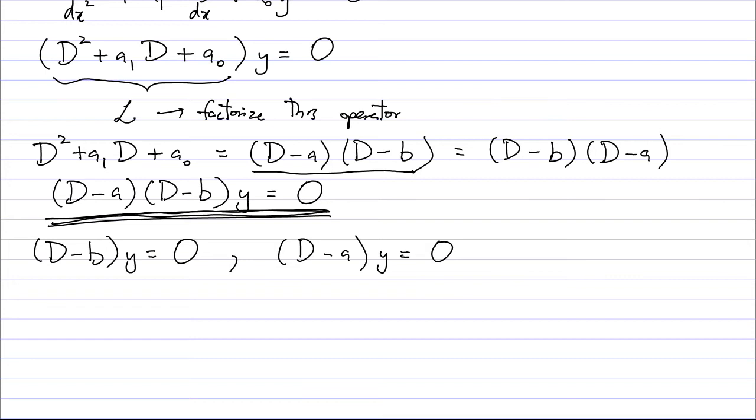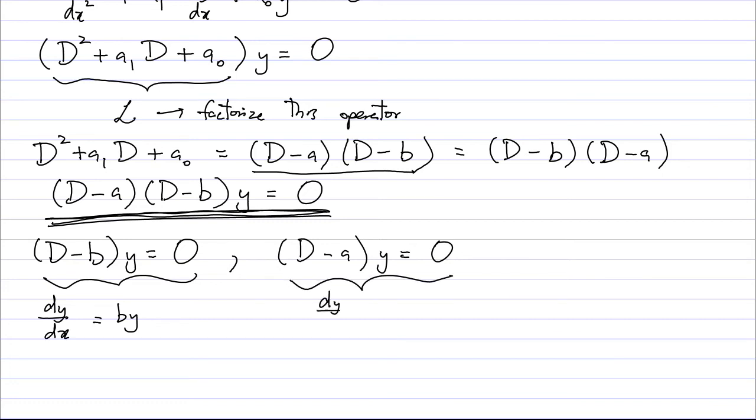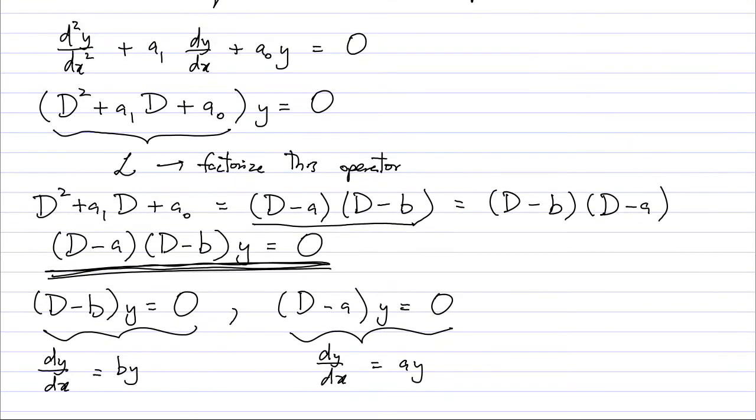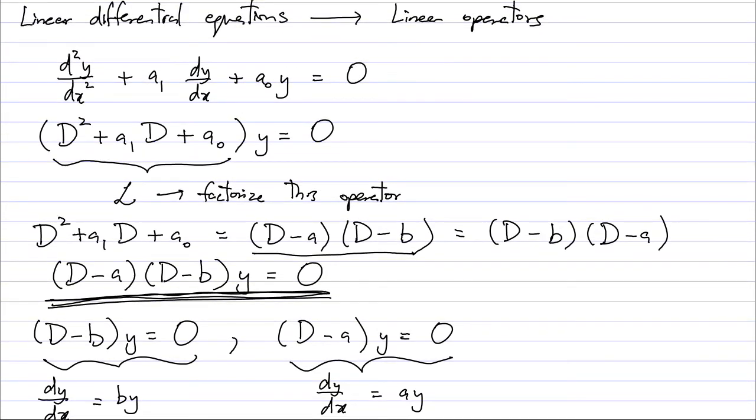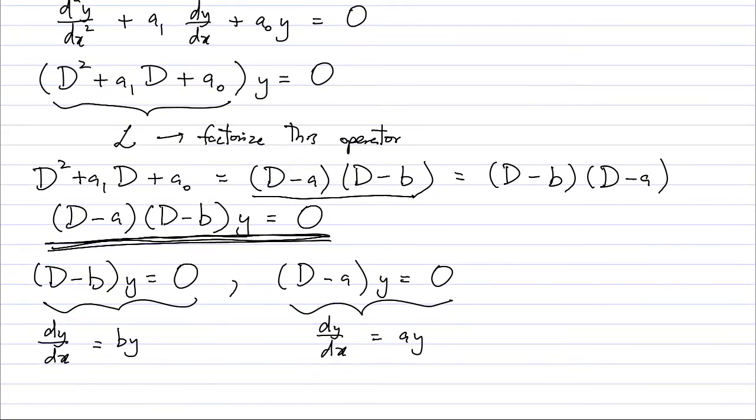Because I know how to solve linear first order differential equations. The solution to this is very easy. If you write it out explicitly, you have dy/dx equal to by, and if you write this explicitly, you have dy/dx equal to ay. And a and b, remember, are constants, because a and b are just roots of your L treated as an algebraic expression. a0 and a1, remember, are constants.